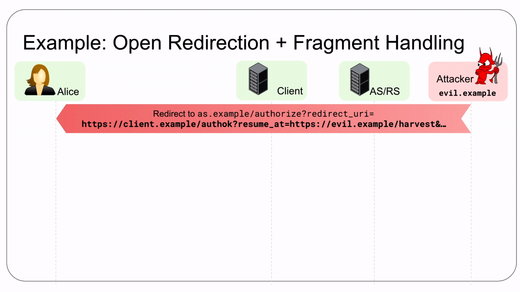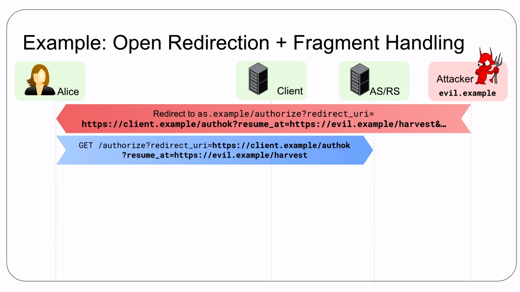So what happens now? Well, the user's browser follows that redirect and ends up at the authorization server. The authorization server now probably checks the redirect URI and sees that it points to client.example/auth. So everything's fine. It points to the client.